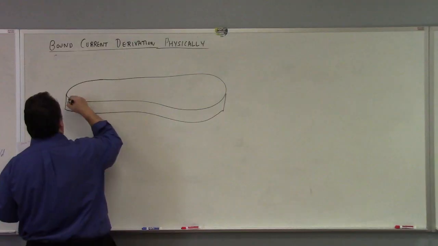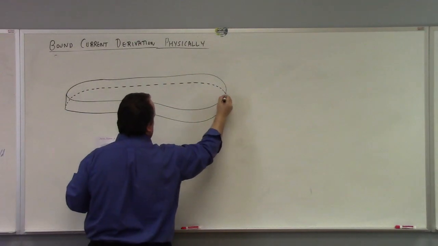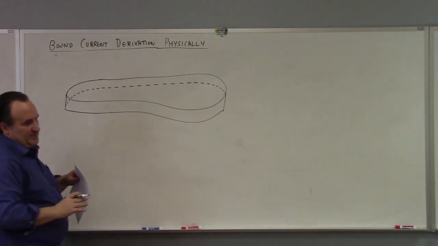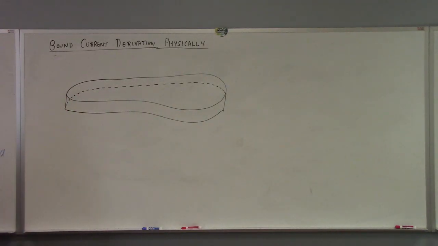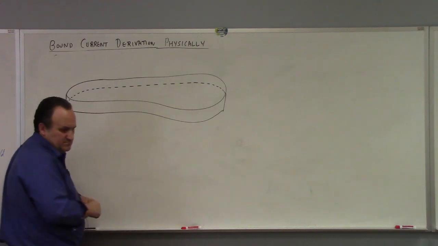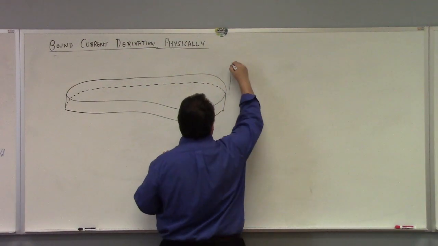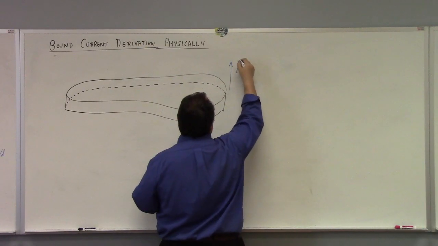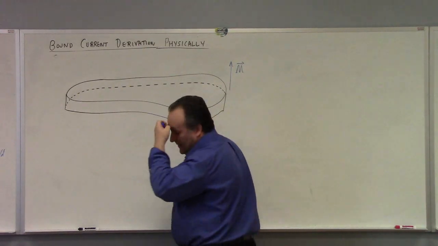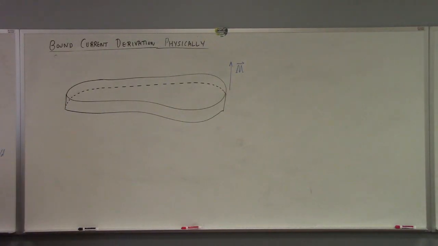To keep things simple, we'll just think about it like it's one atom, one molecule deep. And then we imagine the magnetization is like this. I want to explain where a magnetization like that can come from. It can come from the orbital electrons all being more or less aligned.